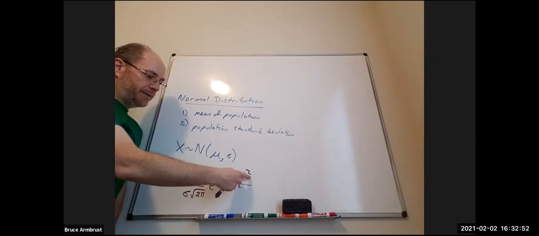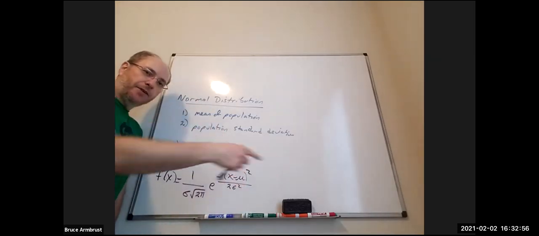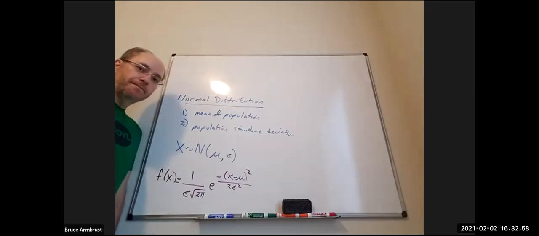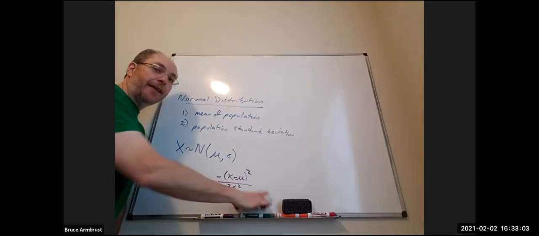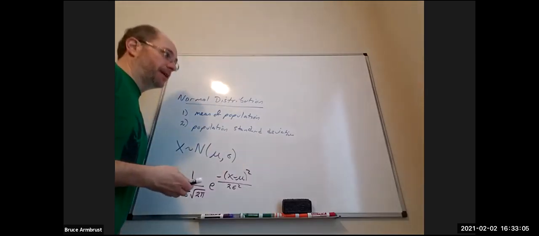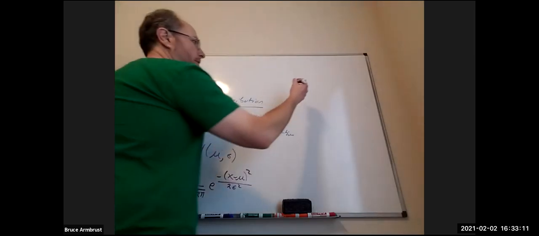But this thing is such, because we're squaring these numbers, that it decreases as you go far away in each direction. And so the shape that you get, and this is important, so now you want to watch this, but the shape that we see for a normal distribution is one that looks like this.